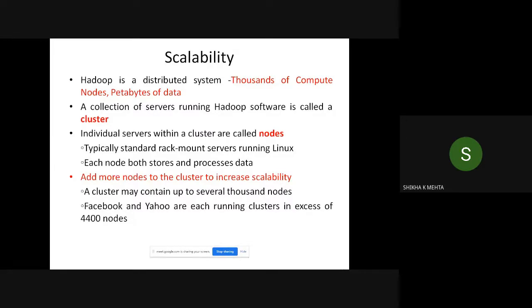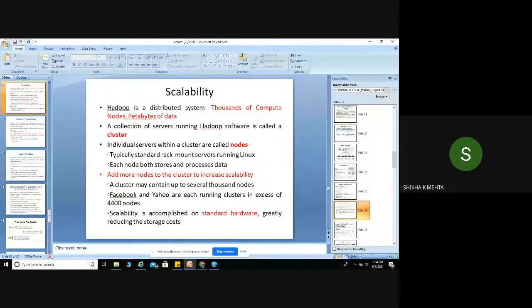Just look at the pictures. Let me see, we can look at the data centers.